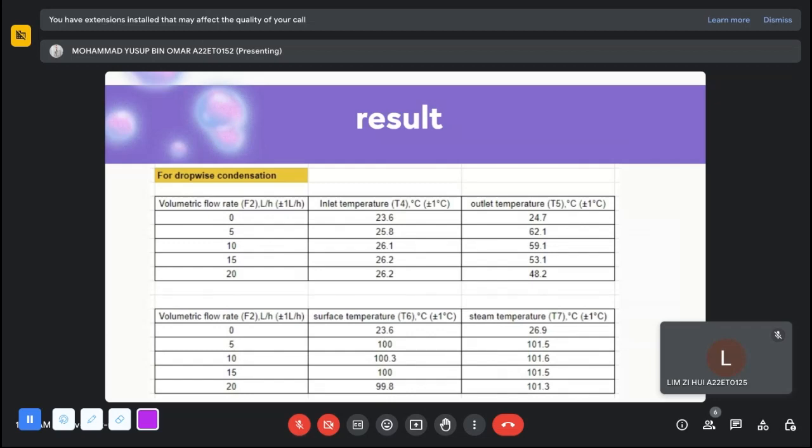For the second table, at volumetric flow rate 0 liter per hour, T6 and T7 are 23.6 and 26.9. But for 5 liter until 20 liter per hour, it increases from 100 to 101.3.